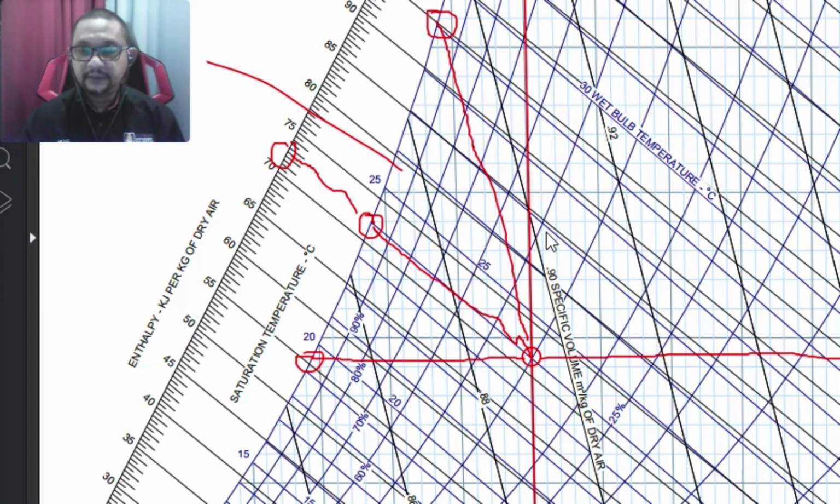all the values or parameters in the psychrometric chart. To make it more understandable, you have to do more exercises. I think that's all for today.